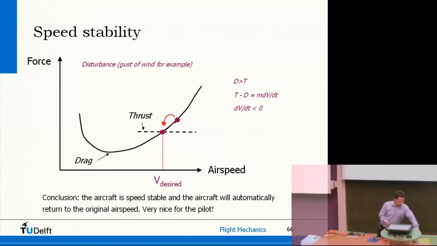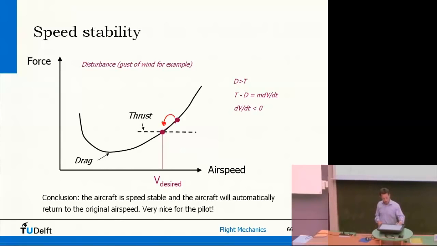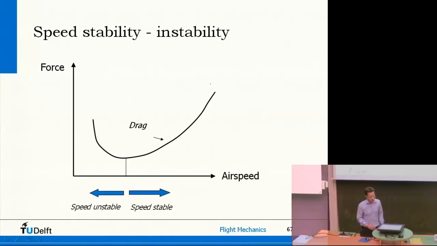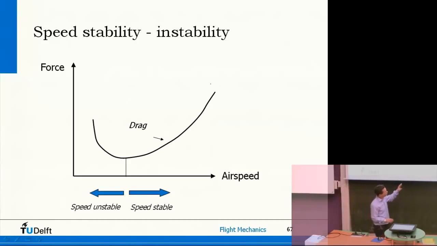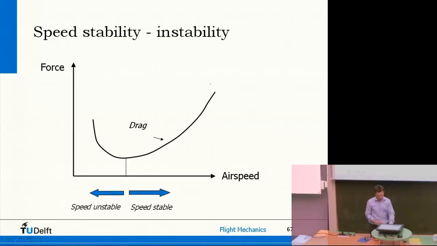And the reason is that in this portion of the diagram, drag reduces, and here it increases. So summarizing, you could say an aircraft is speed unstable on the left-hand side of the power or the drag curve, and it's stable on the other side.